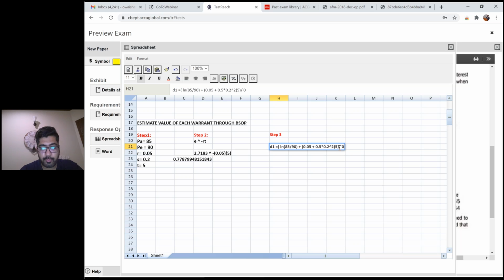S is 0.2 multiplied by root T. To make anything root, T is 5, you apply power 0.5 in Excel. Okay, so this is the formula of D1.